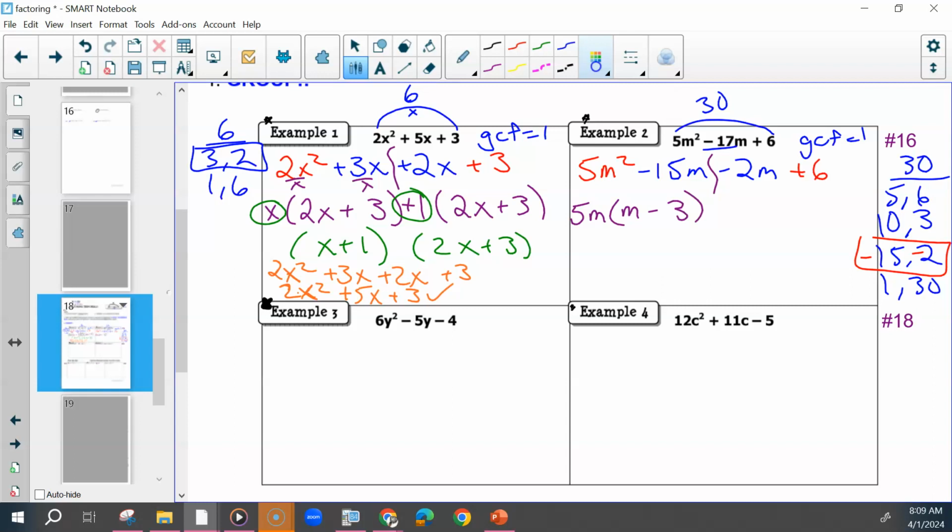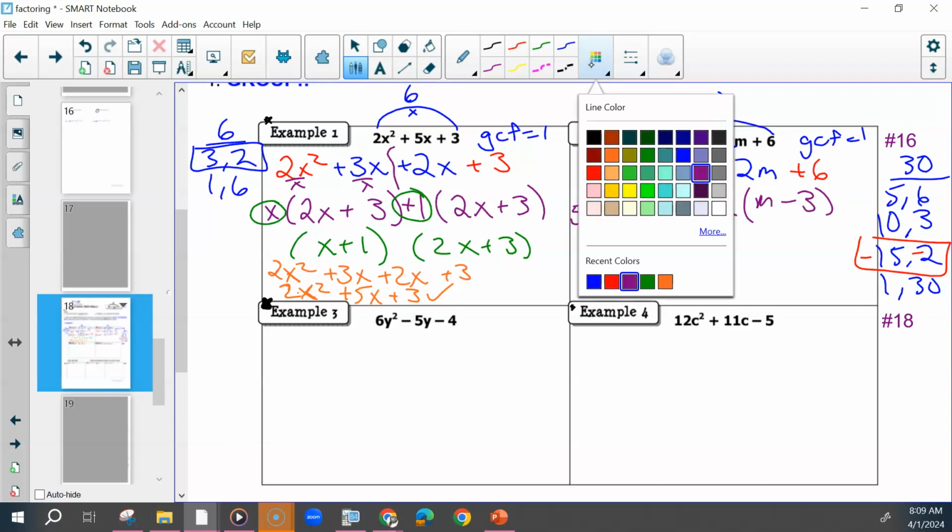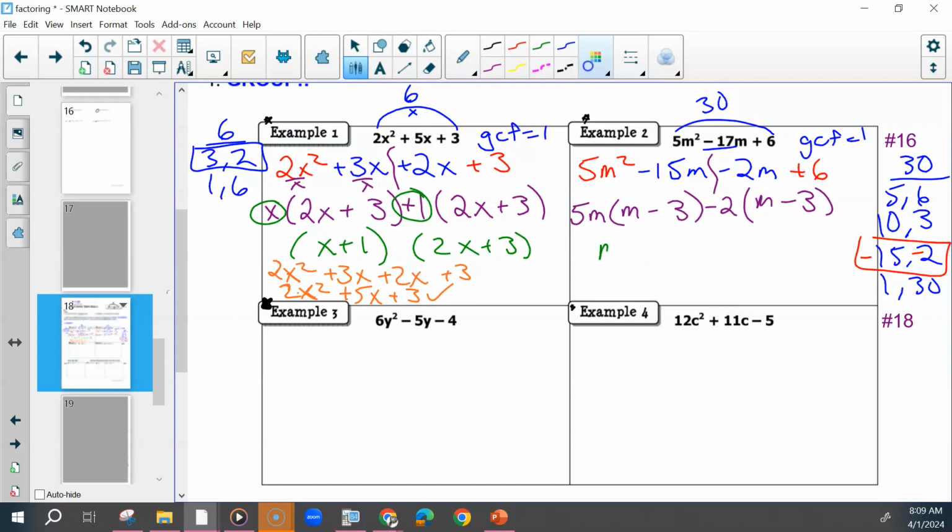So, I don't believe I said this, but anytime the first term is a negative, divide out that negative. What would be left? N minus 3, and then what would your two factors be? N minus 3 and 5 and minus 2. It does not matter which one you put first, as long as you have them both.